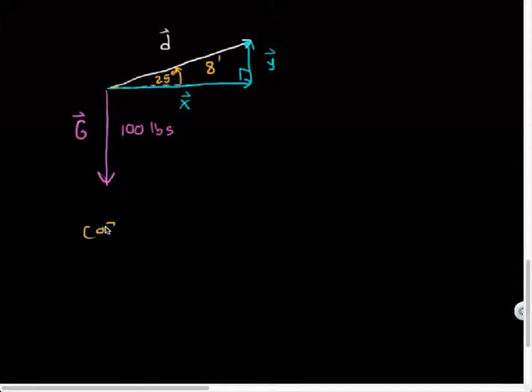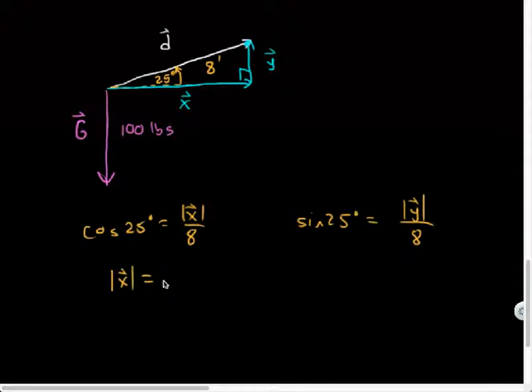So I could say that cosine of 25 degrees is going to equal x over 8, or I could refer to that as the magnitude of vector x. And then for y, I could say that sine of 25 degrees is equal to the magnitude of vector y, the opposite divided by the hypotenuse, which is 8. So I'd solve, multiplying both sides by 8. I end up getting magnitude of vector x is 8 times cosine 25, which is going to be about 7.2505.